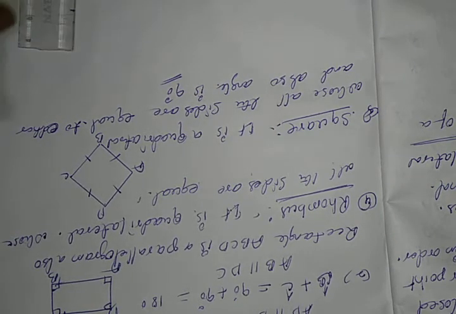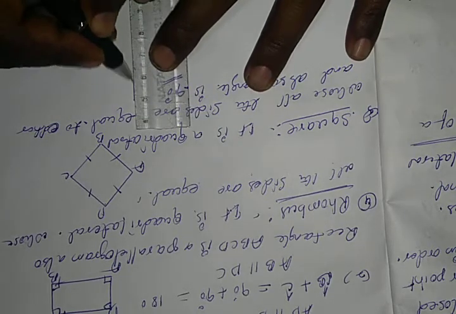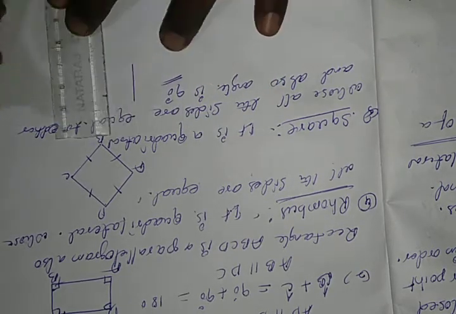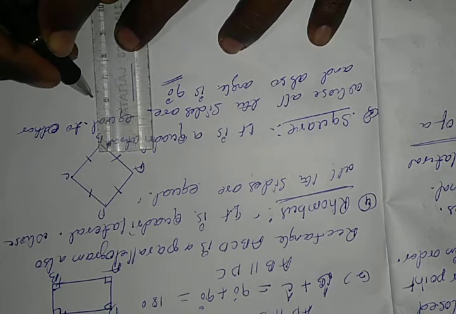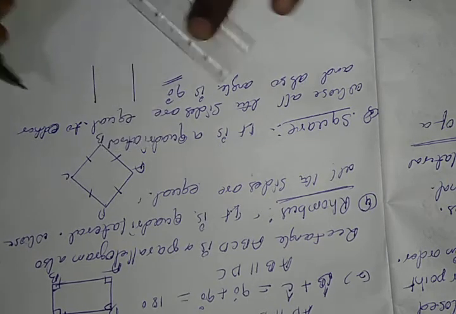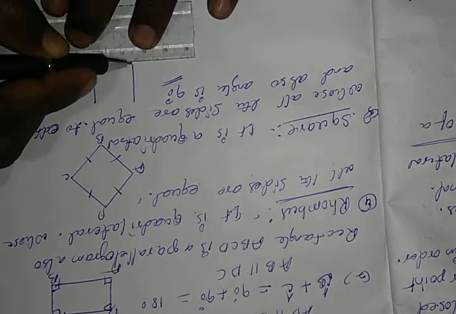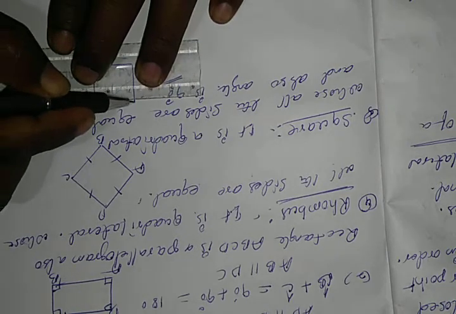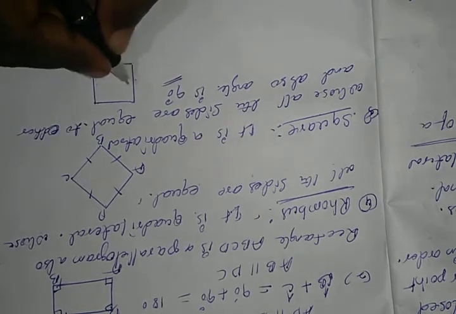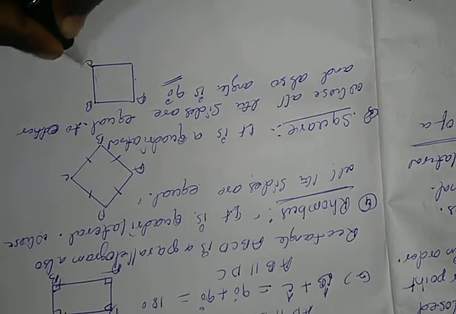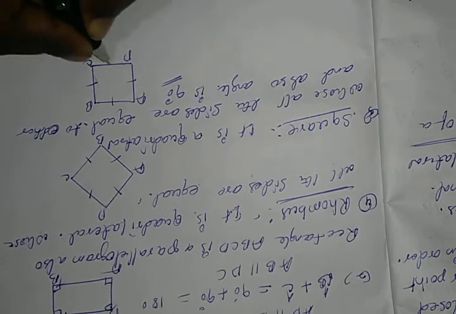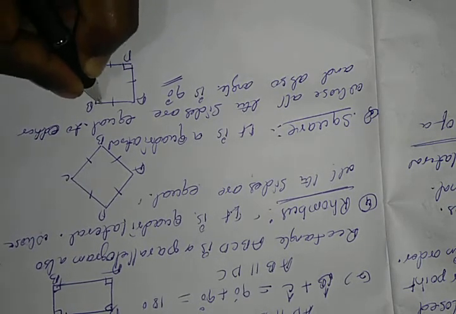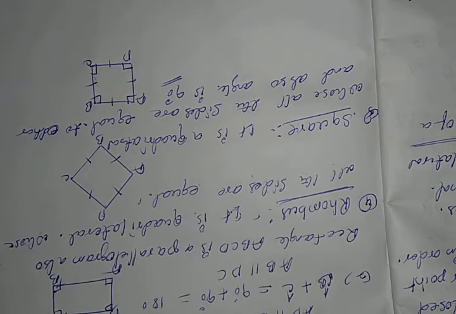So this is a square, all the sides are equal, and also all the angles measure 90 degrees. So here it is, A, B, C, D, all the sides are equal and all the angles measure 90 degrees.